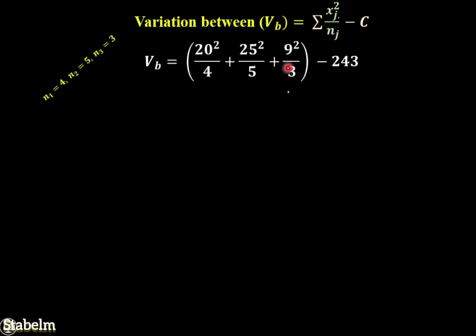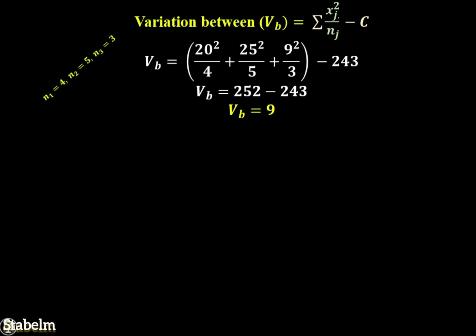And we also have that for group 3 here. So by the time we square and add everything together, that is going to give us 252. So we have 252 minus 243. By the time we subtract 243 from 252, VB is going to give us 9. So it means 9 is the value for variation between treatment.